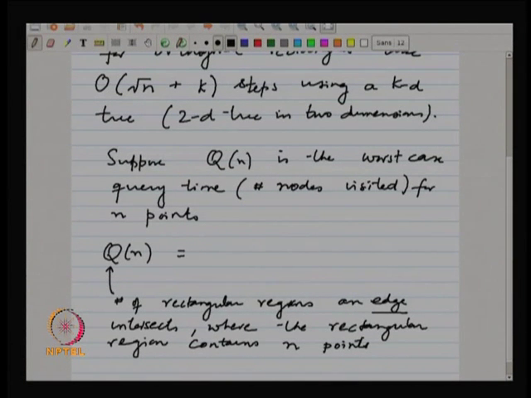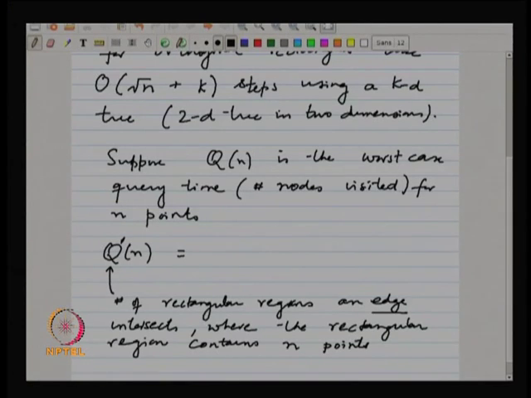So, the actual number of nodes that we can visit during the course of this range query is this Qs of n, maybe I should call it Q prime, to distinguish it from the Qs of n. This is for the rectangle, this is for an edge of the rectangle. And so, the claim is that Qs of n will be no more than 4 times Q prime of n.